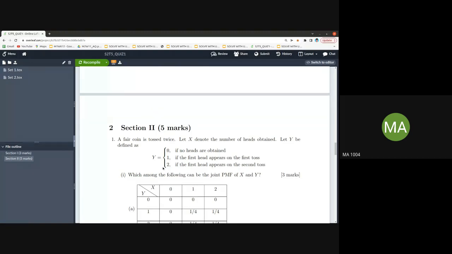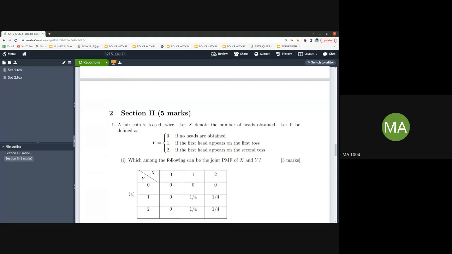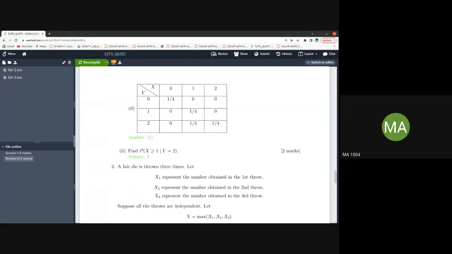Correct? Then only Y takes value 2. We are given that Y is 2. Actually, from the table I should find X greater than or equal to 1, that means X is 1 and 2, and Y is equal to 2.